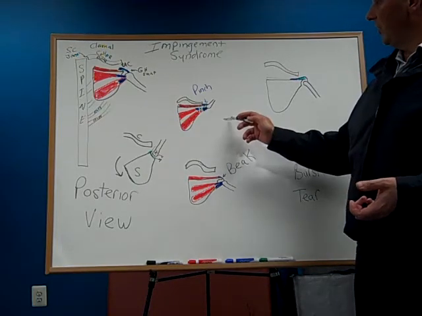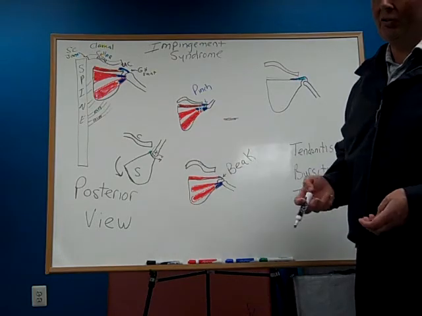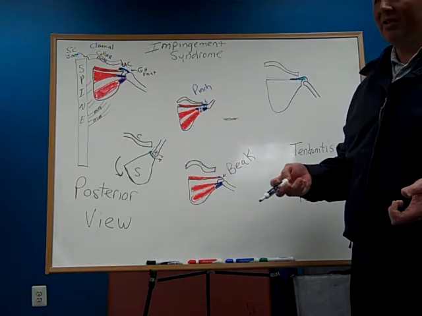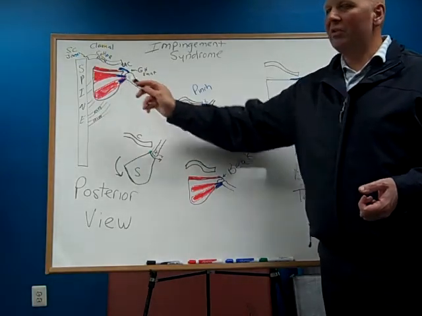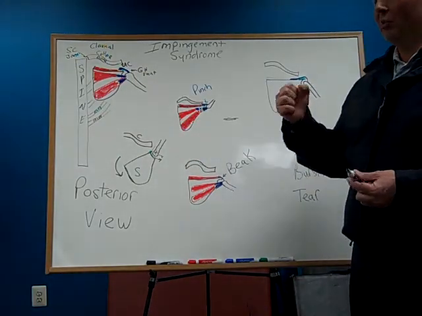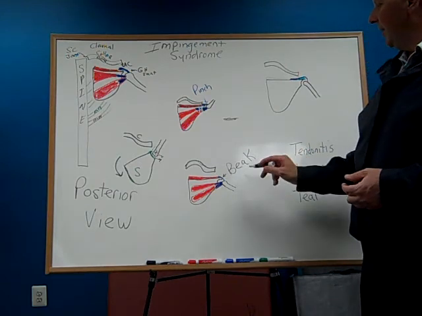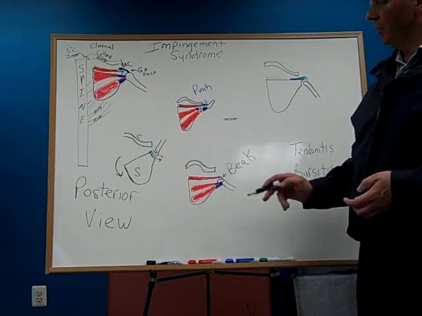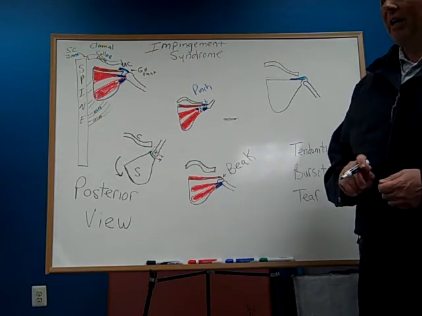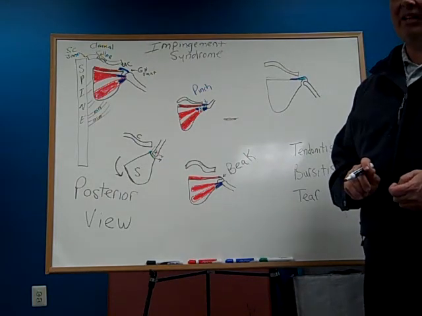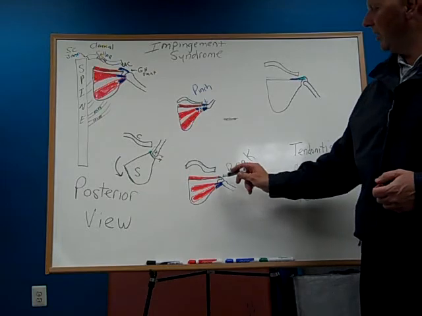To correct that, we would usually use anti-inflammatories and rest, and then start to strengthen the other muscles of the rotator cuff to try to keep the humeral head in place. There's also something called the beaking or hooking of the acromion process. That's usually due to prolonged trauma.